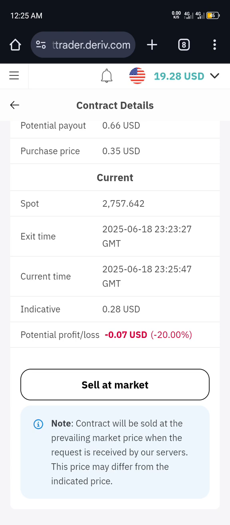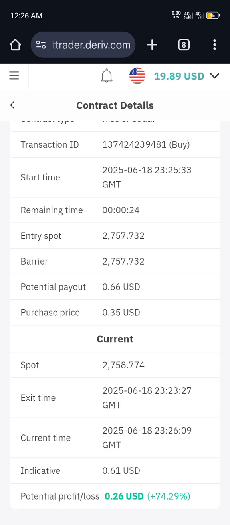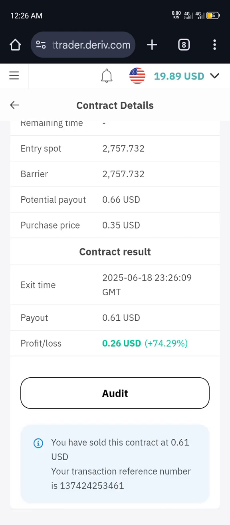You see why I recommend Deriv.com for your trading, because it's very flexible. It offers you the lowest possible trading lot like 35 cents, and you also have a flexible option of selling at the market, which is very fast.